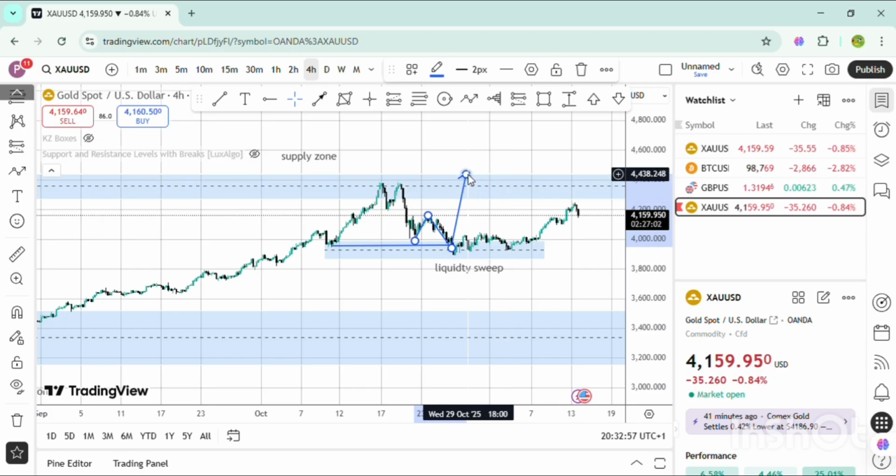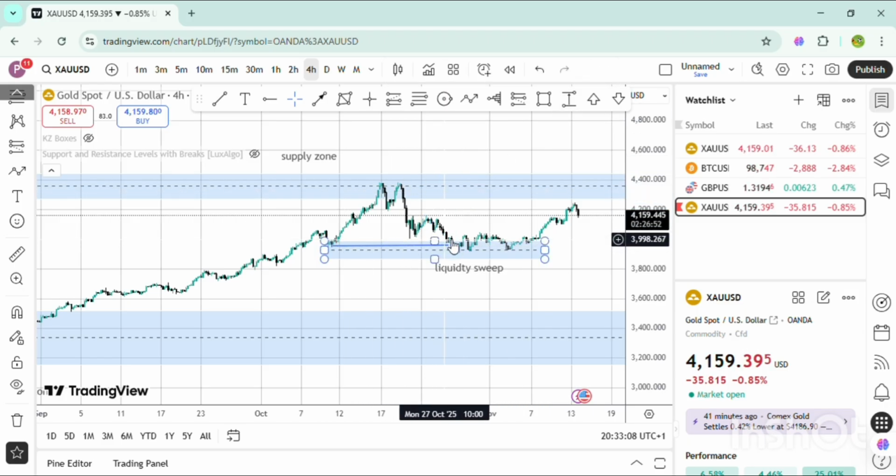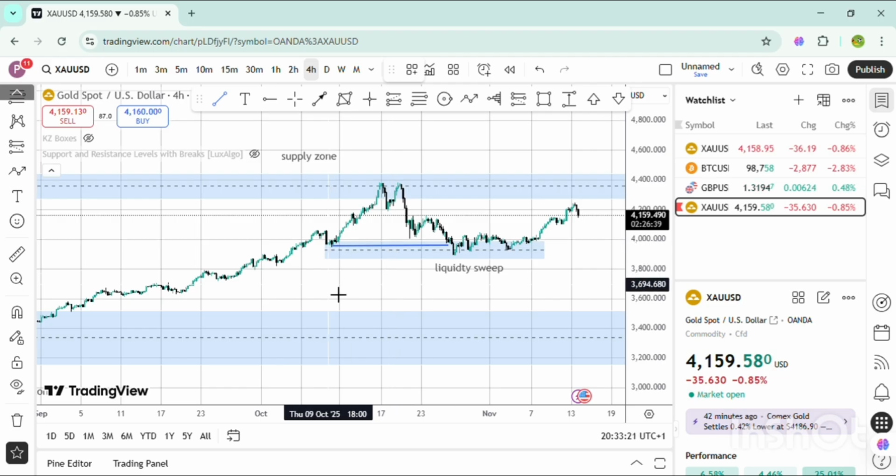So that's it. You just wait for the market to create a liquidity sweep before you analyze your buy limit. Whenever the market is moving like this, it happens on both sides, either for a buy or for a sell.